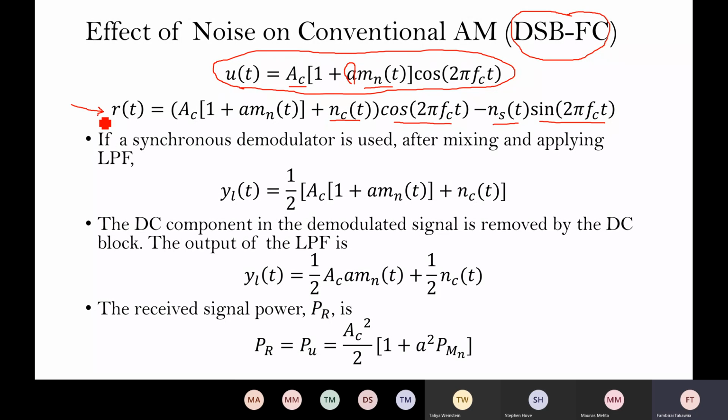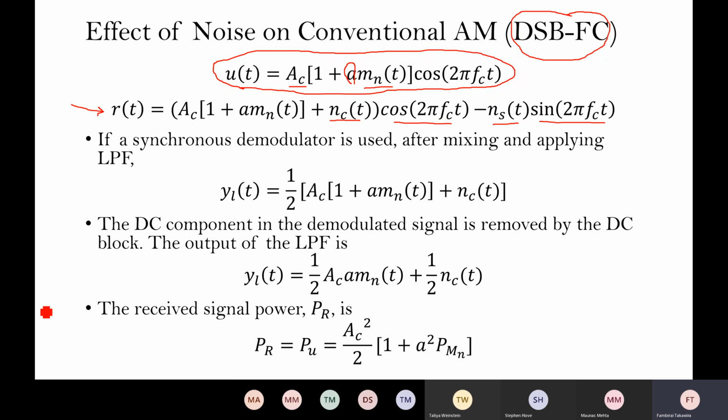In the receiver, we demodulate the signal using a synchronous demodulator. By that, we simply mean that we take r of t, multiply it by cos 2 pi f_c t again, and the result goes through a low-pass filter, which will extract only the low-pass components.